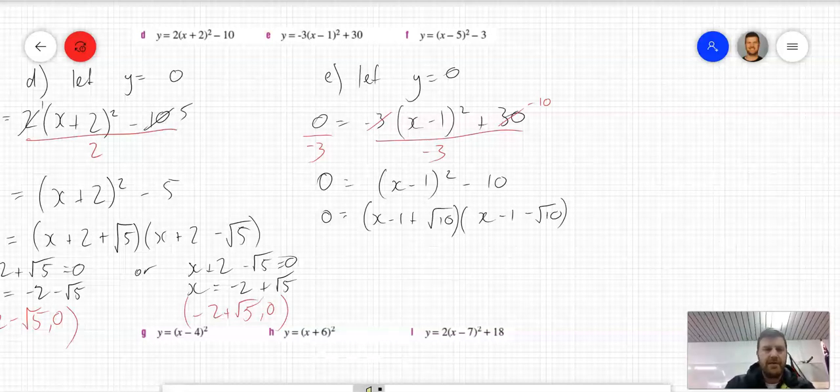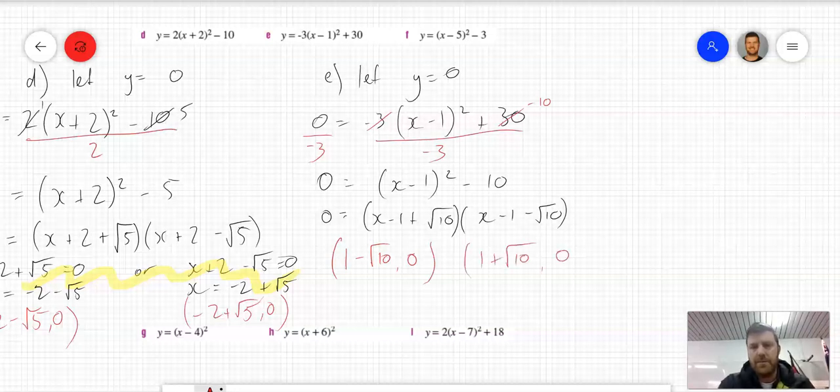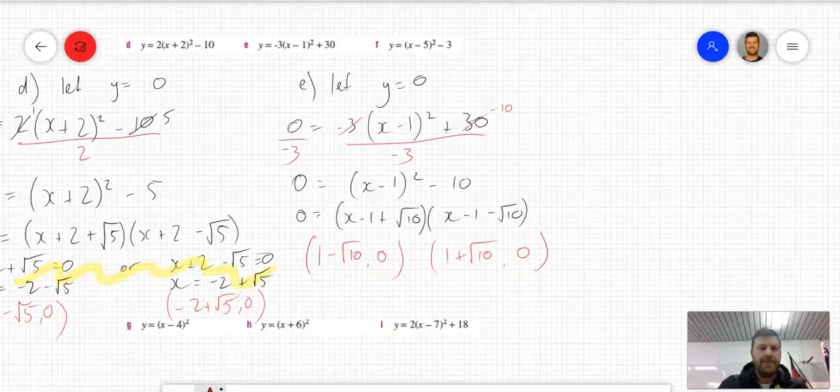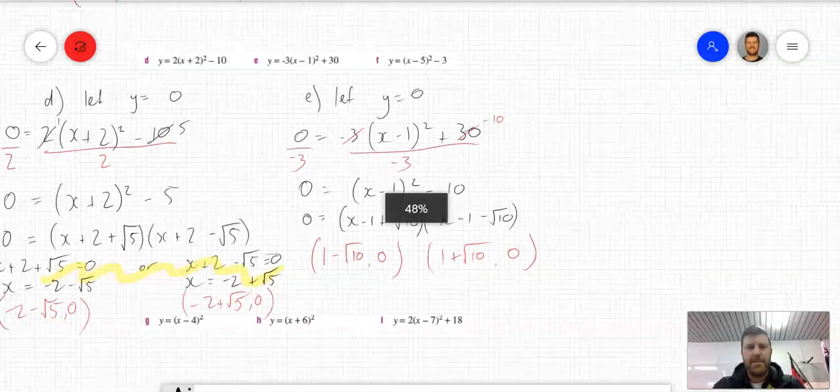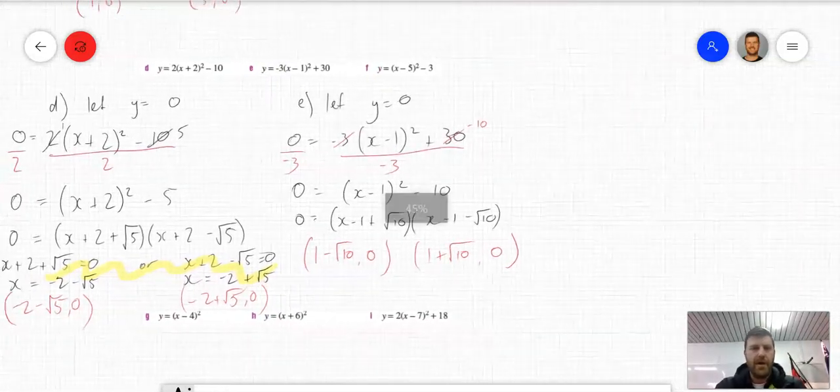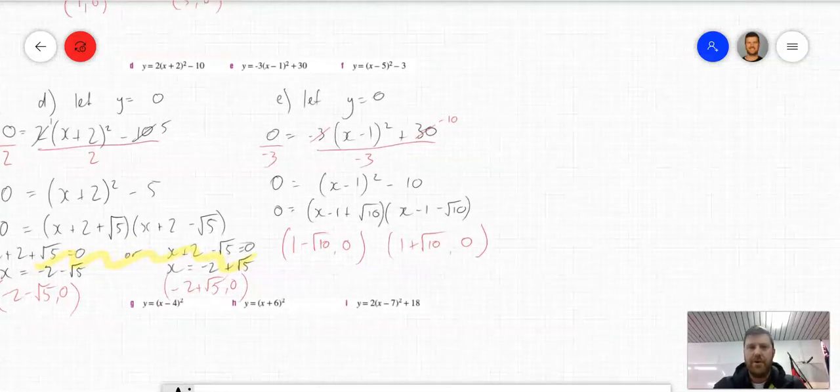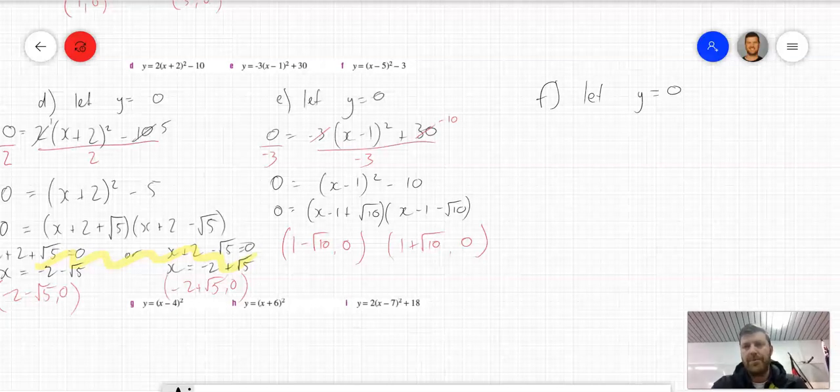If I skip all this stuff in between, it's just going to give me the set of coordinates of 1 minus root 10, 0, and 1 plus root 10, 0 as our x-intercepts. Okay, moving on to F. Flying through these guys, but again, you guys can pause the video at any point, rewind, watch, and see where you've gone wrong. So for F, again, let y equal 0.